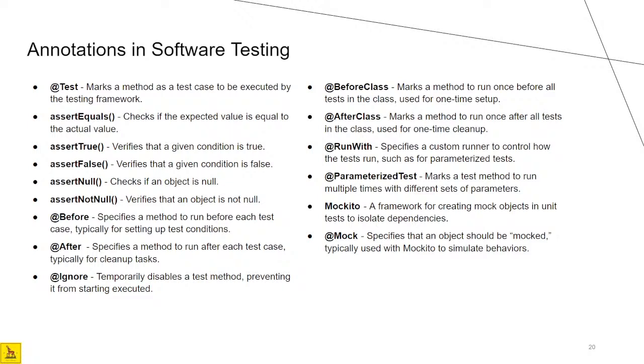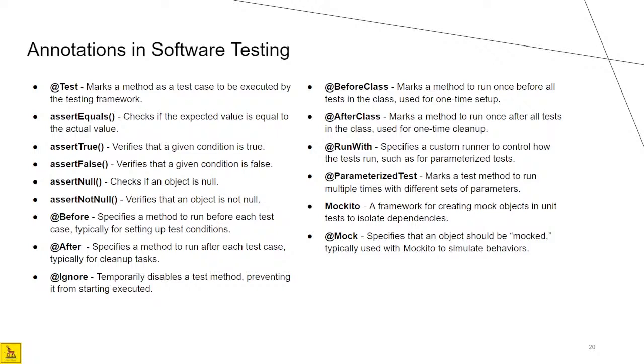Here are some annotations provided by JUnit from their website and other resources, just to see what we can use in our testing software. For JUnit, we can use @Test, which marks a method as a test case to be executed by the testing framework. We can use assertions, such as assertEquals, assertTrue, assertFalse, assertNull, or assertNotNull, to check if the expected results are equal in value, to check if they're true or false, check if an object is null, and to verify if an object is not null.